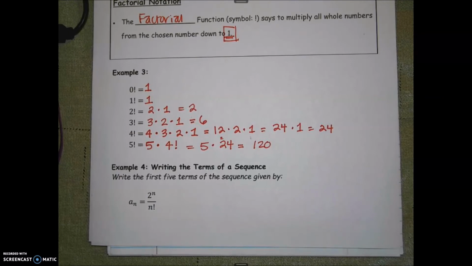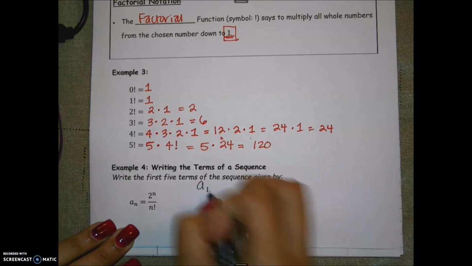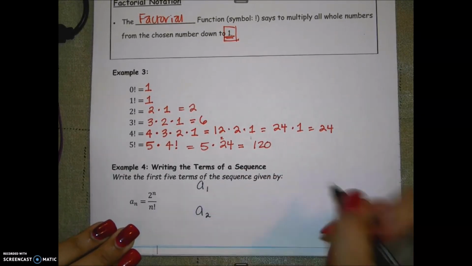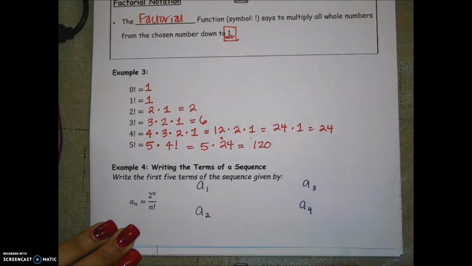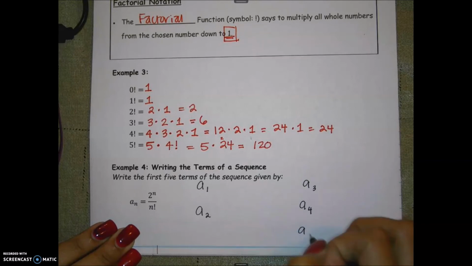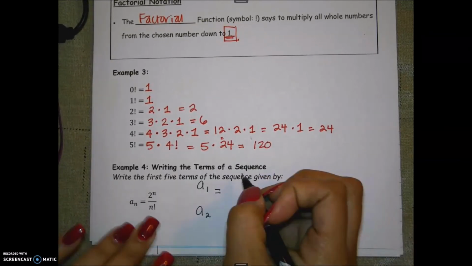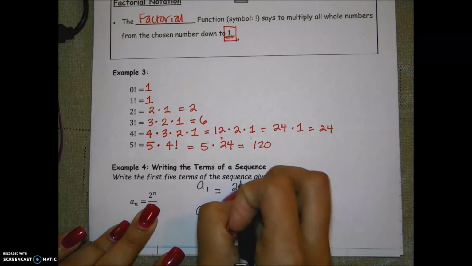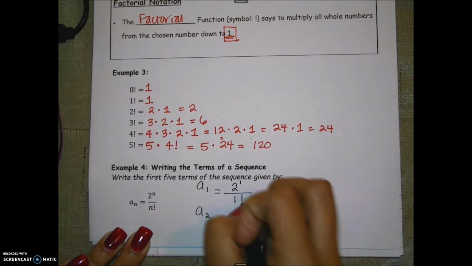All I'm looking for is the first 5 terms. So I'm looking for A1, A2, A3, A4, and A5. All right. So a sub 1 is 2 to the first power divided by 1 factorial.